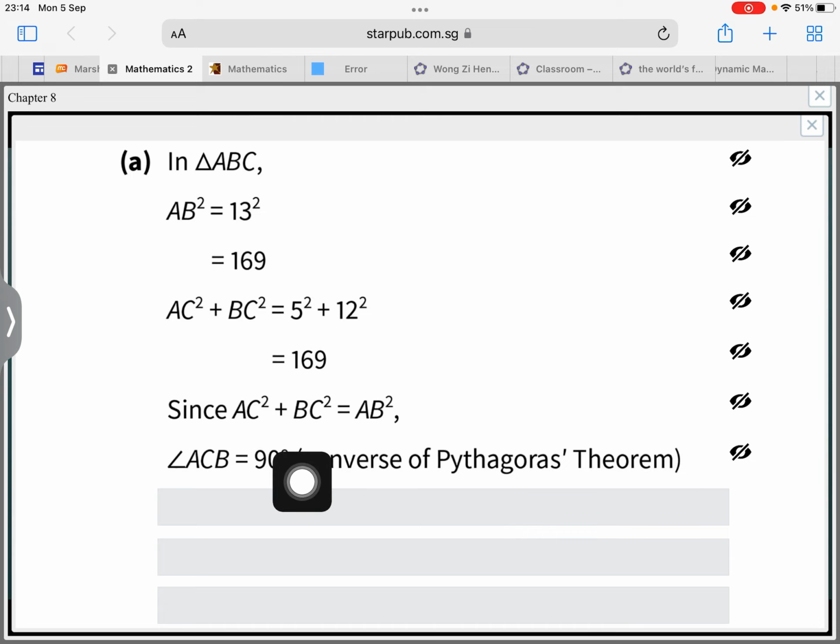Meaning for a right angle triangle, the sum of the squares of the two shorter sides will always be equal to the square of the longer side.